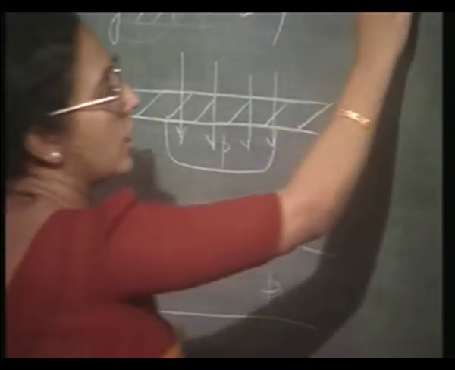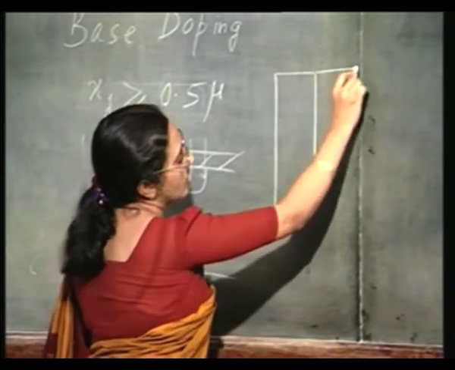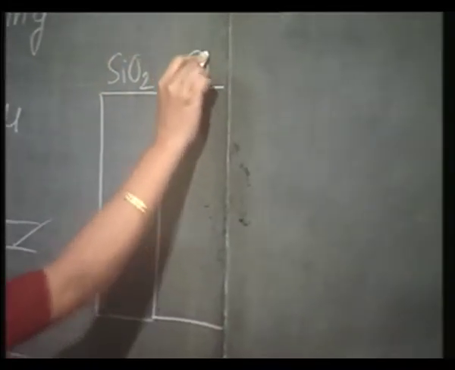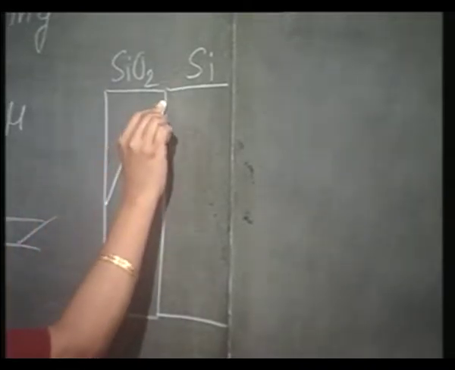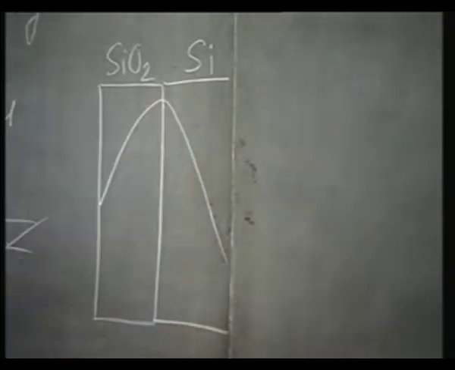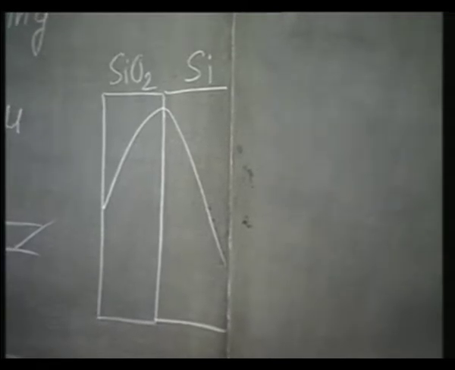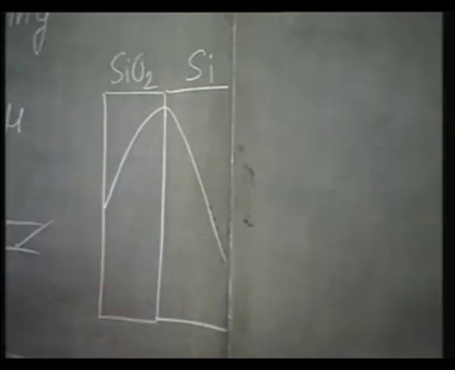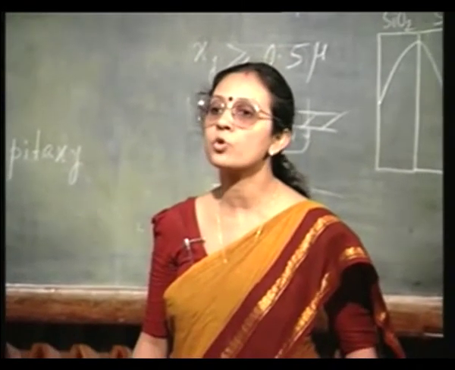That is, what I want you to have is oxide and then silicon. You adjust the implantation energy so that the peak is here. What is the advantage? You know that the peak of the damage is slightly in front, because the maximum damage is caused in the region when the ions are still in motion.